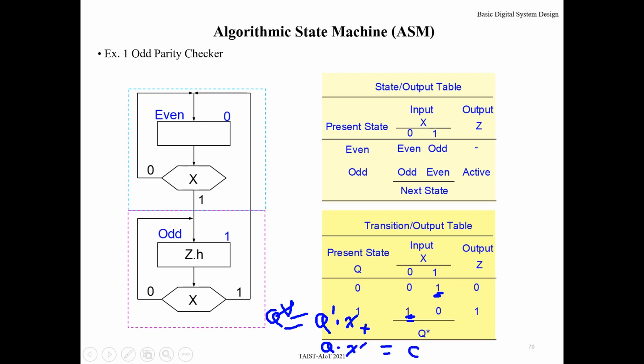So it's Q xor X. This is for Q star, and output Z equals Q.